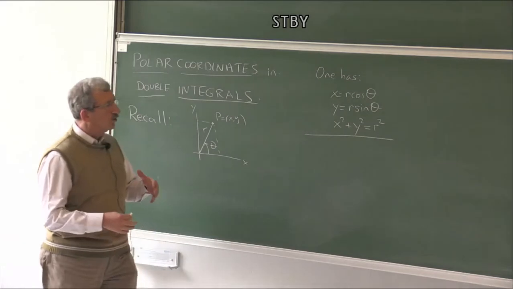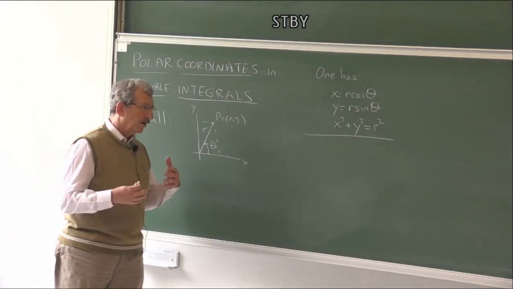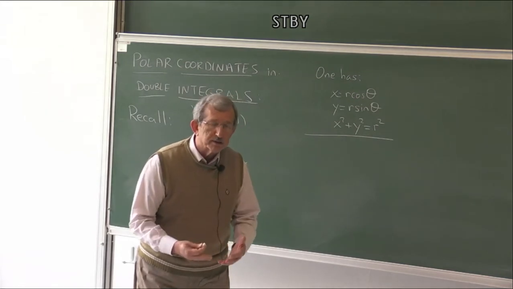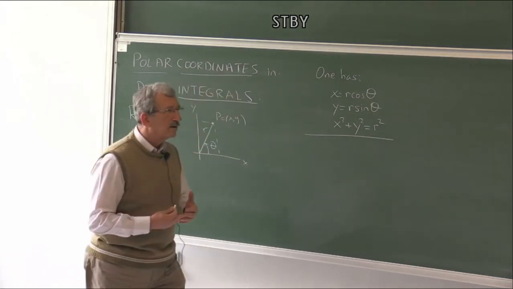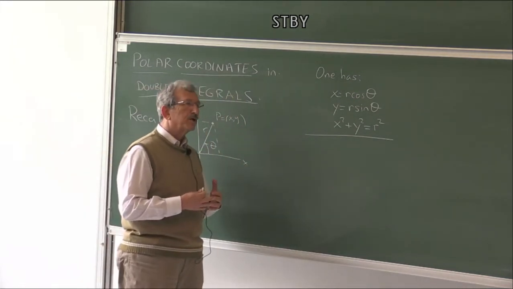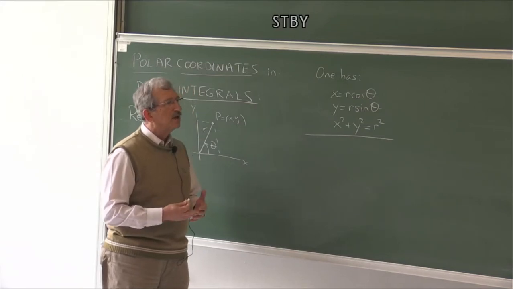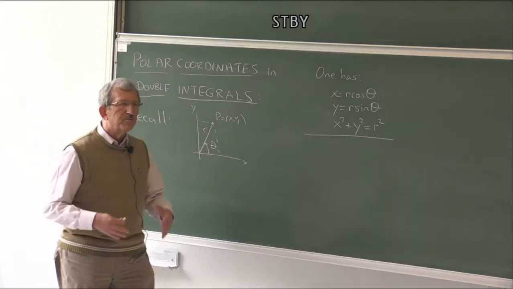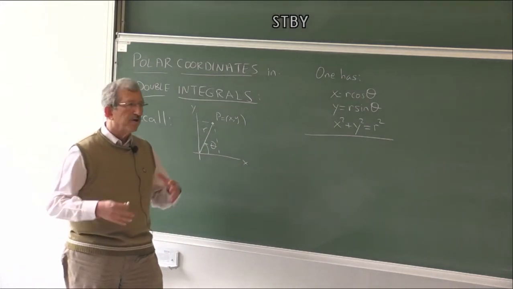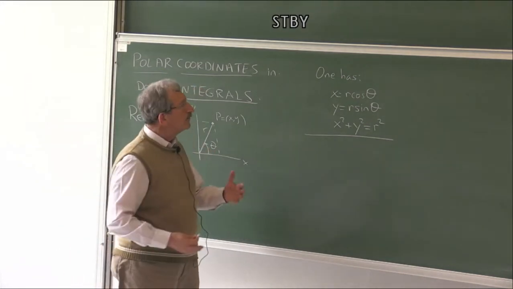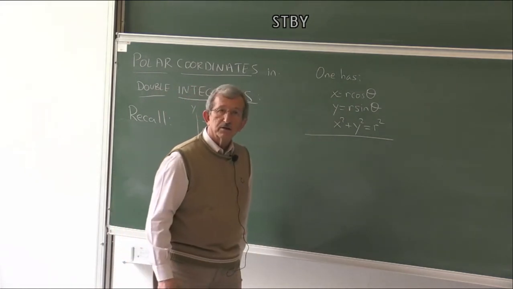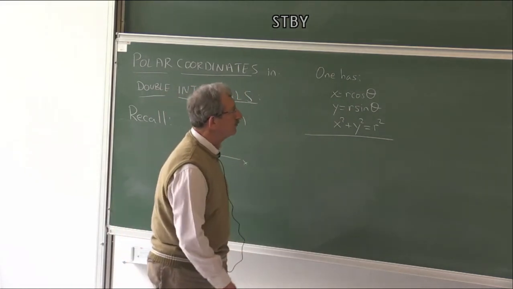Namely, we could express certain curves in the polar coordinate system, and this was especially so in cases when the Cartesian coordinate system would be extremely cumbersome, very complicated, and polars gave us very nice formulations.